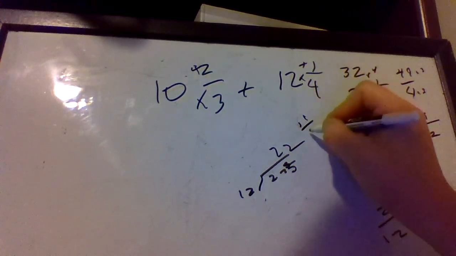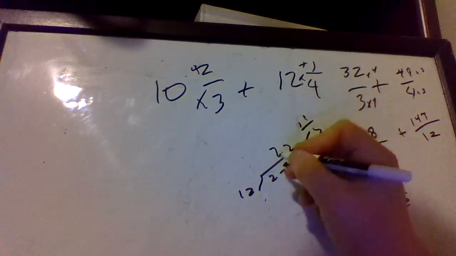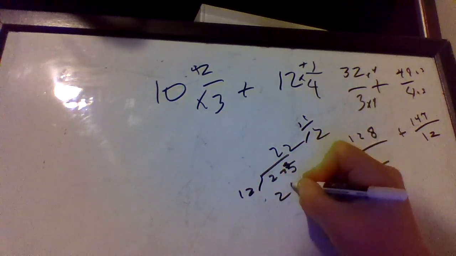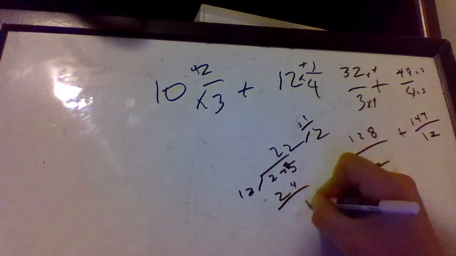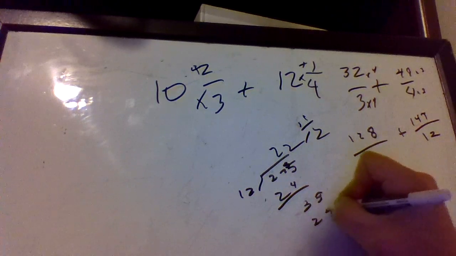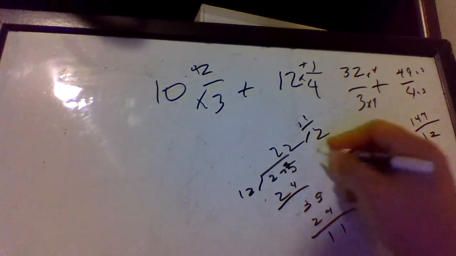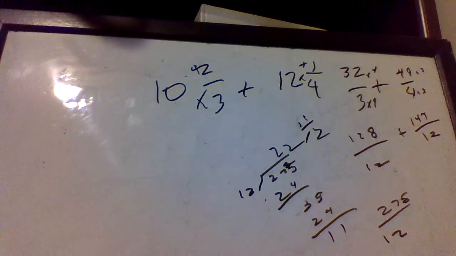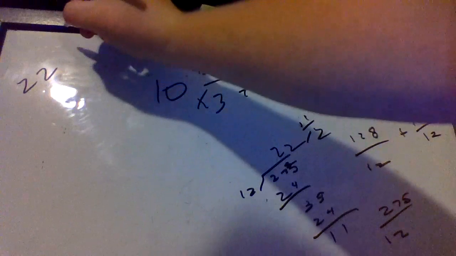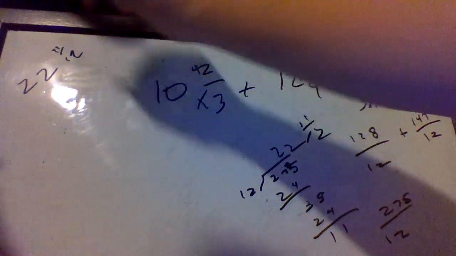So our answer here would be 22 and 11 over 12. And if you don't believe me here, 2 times 12 is 24. 27 minus 24 is 3, 35, 2 times 12 is 24, 35 minus 24 is 11. So our answer is 22 and 11 over 12.